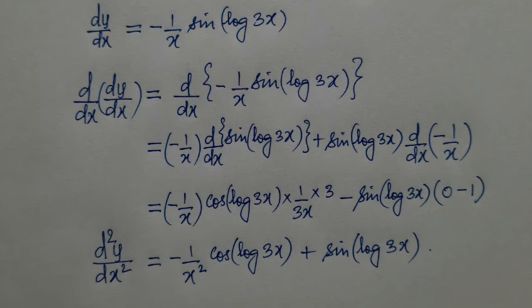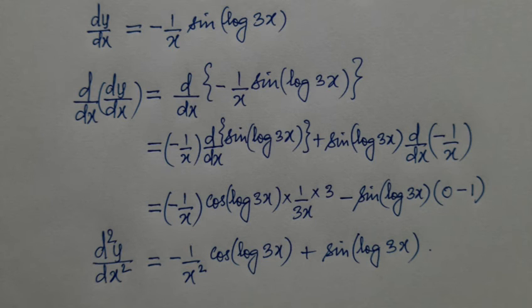Now, after applying the product rule, you have to find the derivatives of those functions that are required. The first one will be the derivative of sine of log of 3 times x with respect to x. This given function is again a composite function, and it is similar to the given function.